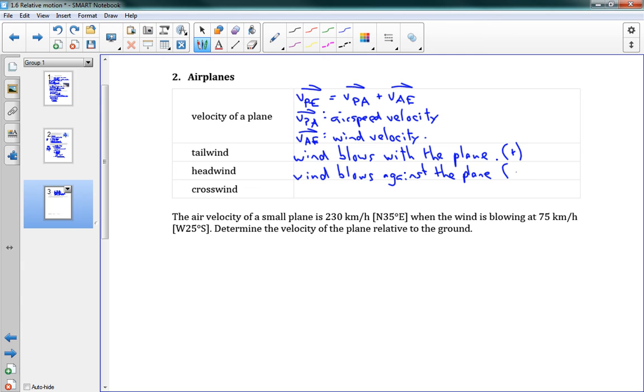And so if the wind's blowing against the plane, that means it's negative. It's in the opposite direction as the plane. And a crosswind is where the wind blows perpendicular to the plane. Like this. So it's coming in from the side.